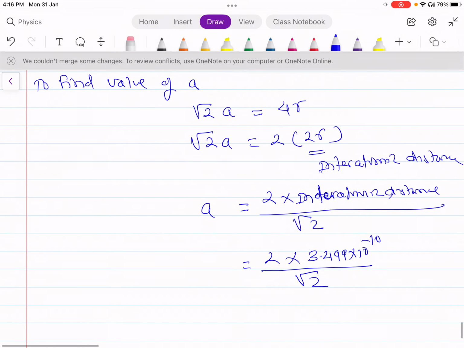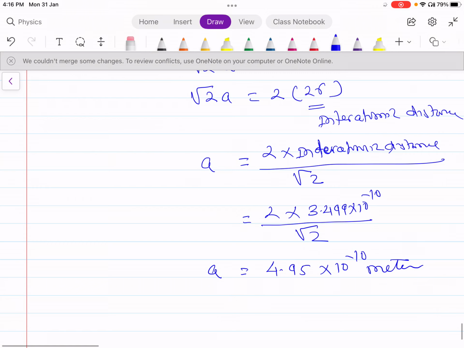If you simplify this, what we get is 4.95 into 10 to power minus 10 meter. Okay, this is the value of a. And the area is equal to a square, which is 4.95 into 10 to power minus 10 whole square.